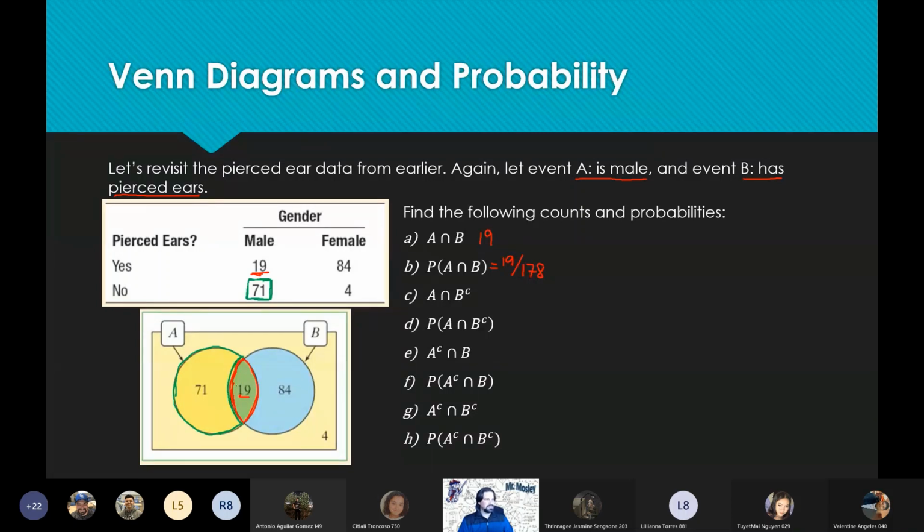Everything except those 19 shared outcomes. So we have the 71 count here, which means the probability is 71 out of 178. Are there any questions on this so far, how we're putting these pieces together?